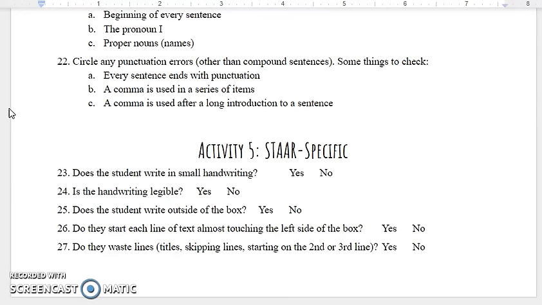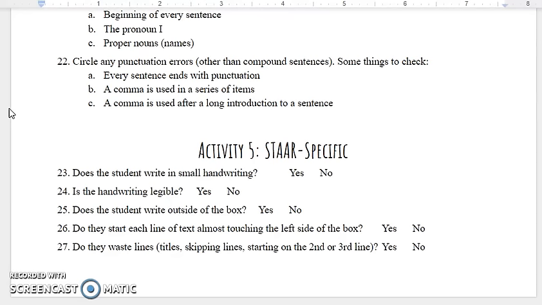Now, if you scooch over a little bit after every single line and you're not almost touching that left side of the box, then you've basically wasted a line or 2 lines of text. So make sure it shouldn't be touching where you can't read it, but it shouldn't be this huge space between the left side of the box and where your writing starts. The only time you have a space there is when you're indenting for paragraphs.